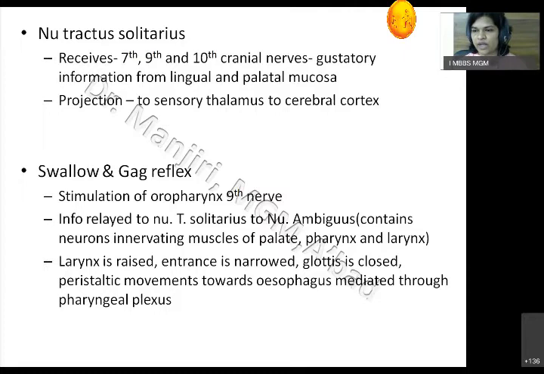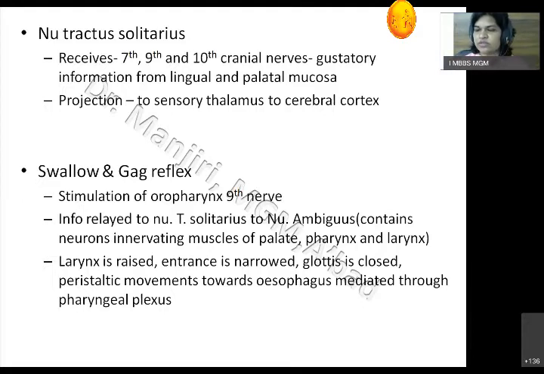It has to protect the lungs and the larynx as well as the nasopharynx. So for that purpose, the swallowing reflex will happen. For that, the larynx and pharynx will be raised. The laryngeal opening or entrance is narrowed so that the foreign body will not go into that part. The glottis is closed and there are peristaltic movements which will move towards the esophagus, which happens through the pharyngeal plexus. So this is called a swallowing reflex.